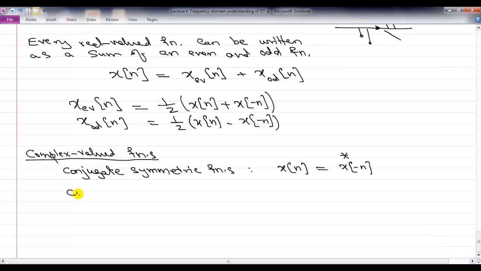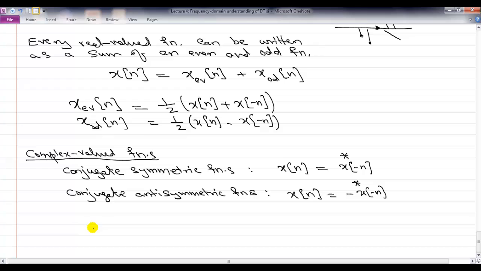And you have the notion of a conjugate anti-symmetric function, which is x[n] equal to minus x conjugate of [minus n], again the same definition as odd but with conjugation.